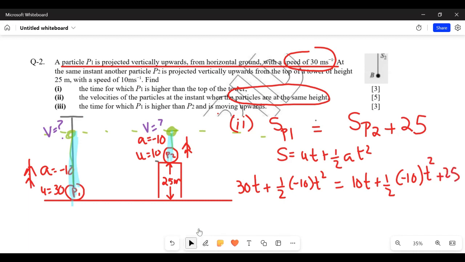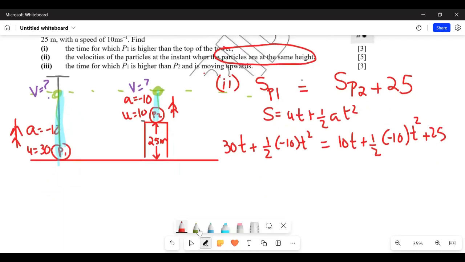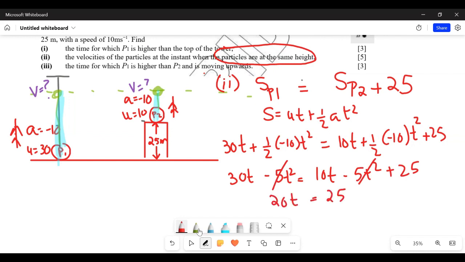So this would be 30t minus 5t square equals 10t minus 5t square plus 25. So this and this cancel out. We have 20t equals 25.